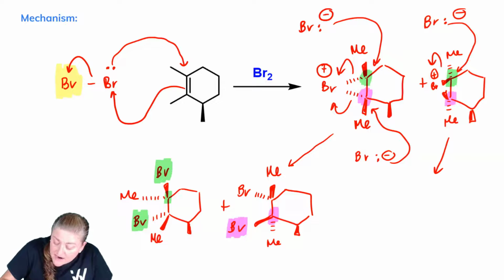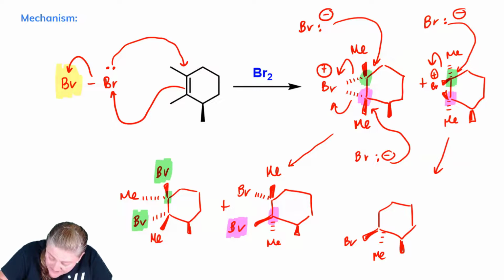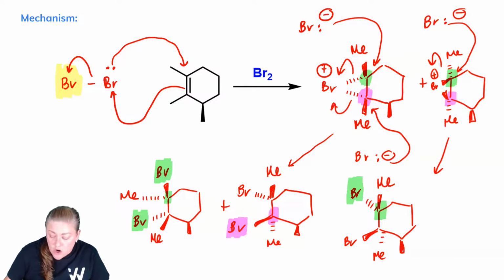This will give me a couple different products. Let's draw the first one here, where we have the bromine up here, the methyl pointed down, this methyl just hanging out, and therefore we have the bromine atom down here and the methyl up. And this comes from attack of this bromine to this green carbon.